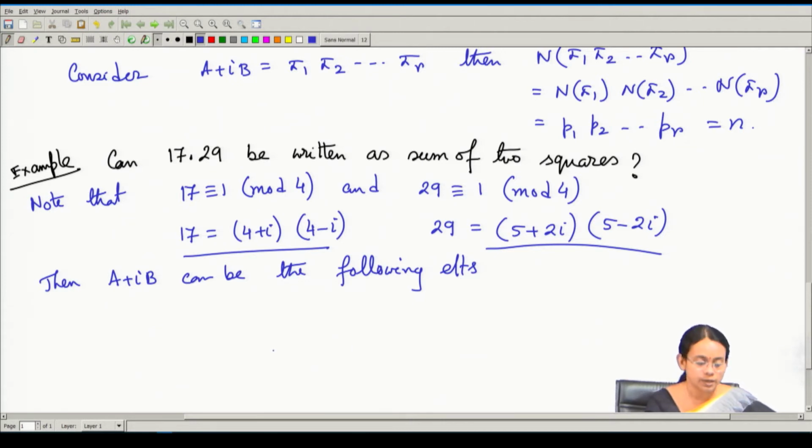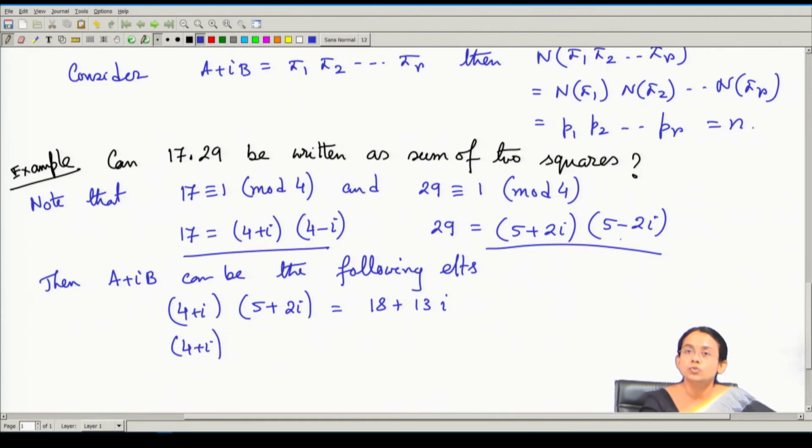I can have either (4 plus i) into (5 plus 2i), which is 18 plus 13i, and next (4 plus i) into (5 minus 2i), which gives 22 minus 3i.